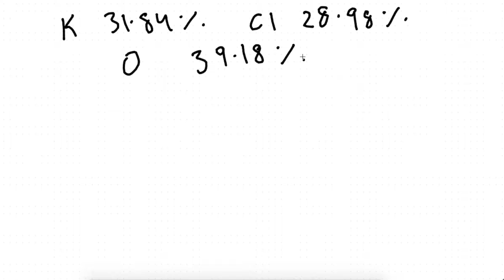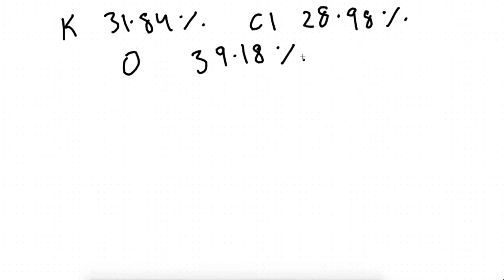Let's add these up, students. 31.84 plus 28.98 plus 39.18. Do we get 100%? Yes, we do. So now what does the question want? What is the empirical formula of the potassium compound?